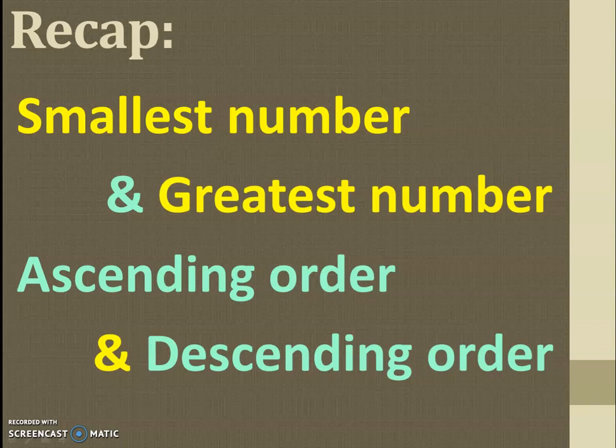Decreasing, descending, all start with the same alphabet, that is D. So no confusion in that. Increasing order is nothing but ascending order and decreasing order is descending order. Just keep it in mind.